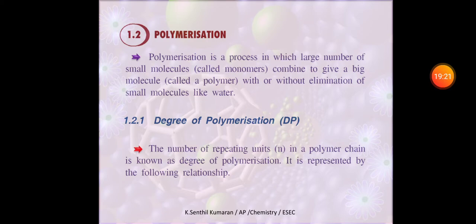Copolymerization means addition of two different monomers without elimination of small molecules to form a new polymeric product. That is copolymerization. Co means two. Okay, this will be explained in detail in the next class. Then we are going to the degree of polymerization.